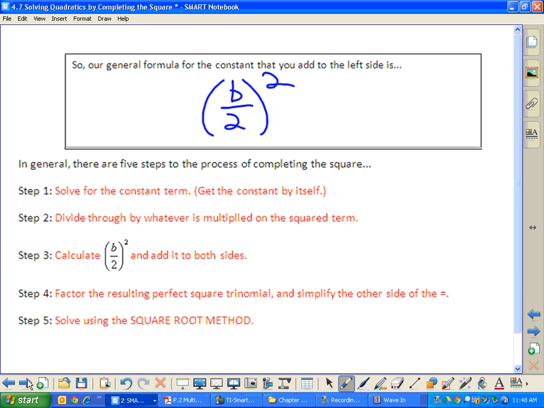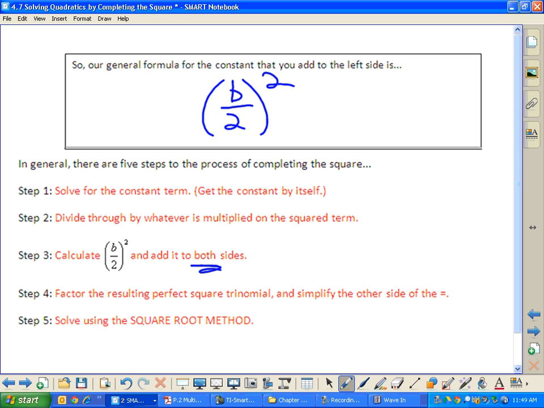Step 3, we calculate the formula for today, b over 2 squared. You must add it to both sides. Step 4, this makes a PST on the left side. You can abbreviate this.